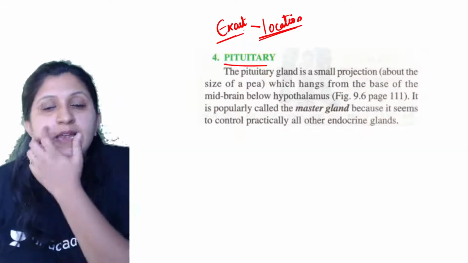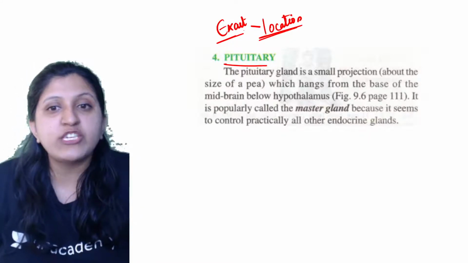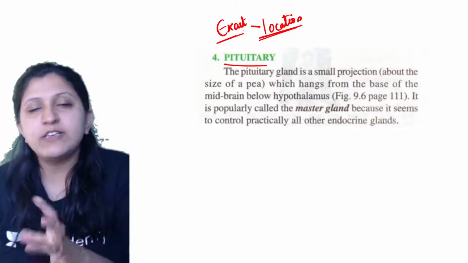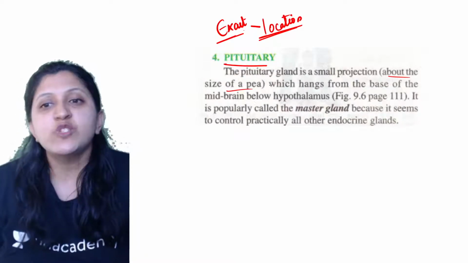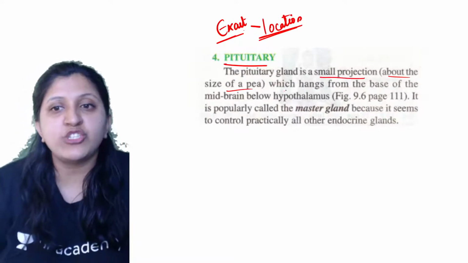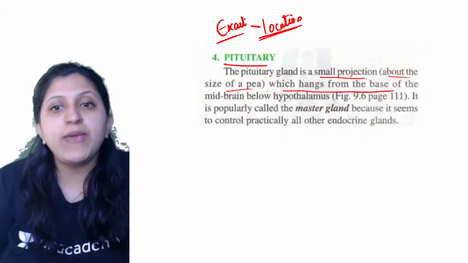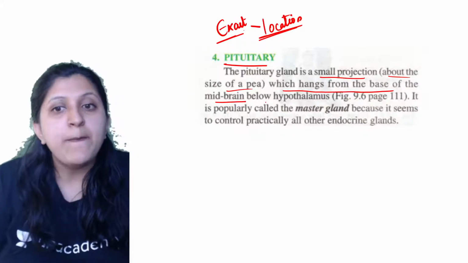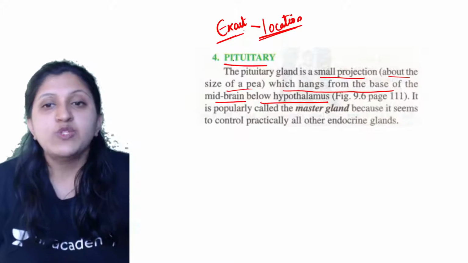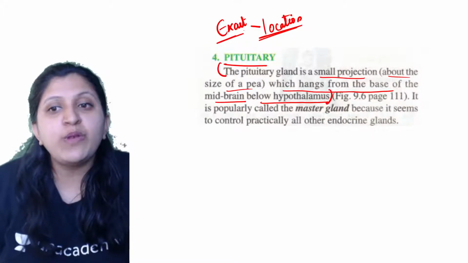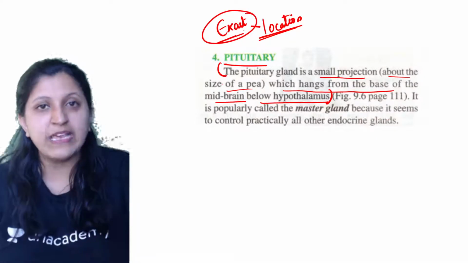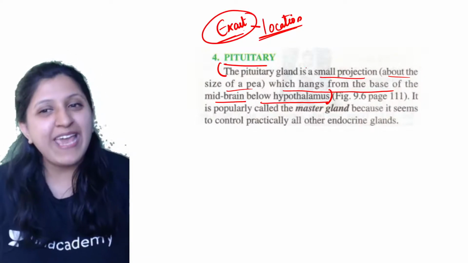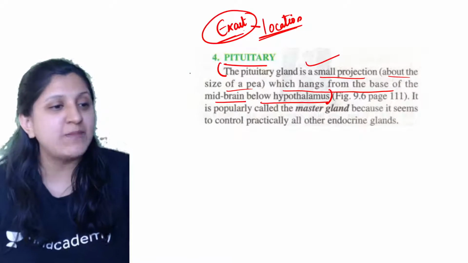The pituitary gland is a small projection which hangs from the base of the midbrain below the hypothalamus. They expect you to write this. They expect you to write the exact same sentence that is given as the meaning.